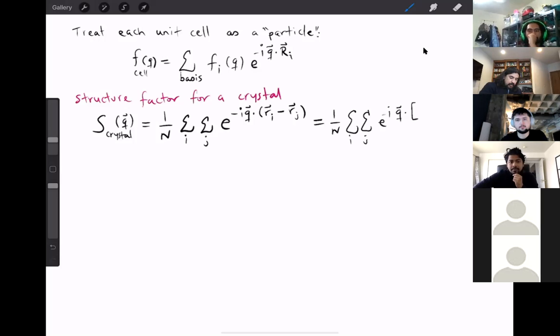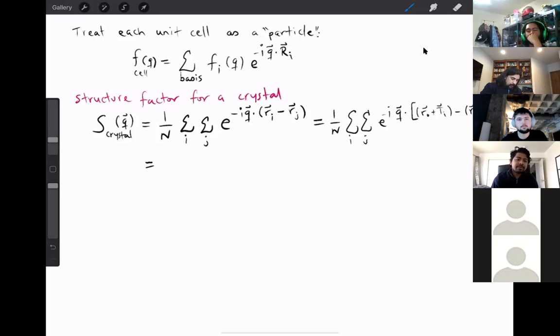And then this is gonna be dotted into the position, original position, plus the translation that would take me to that particular atom in unit cell I, minus the original position, plus the translation vector that takes me to that atom in unit cell J. Questions?